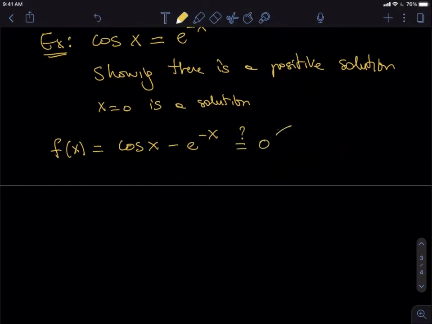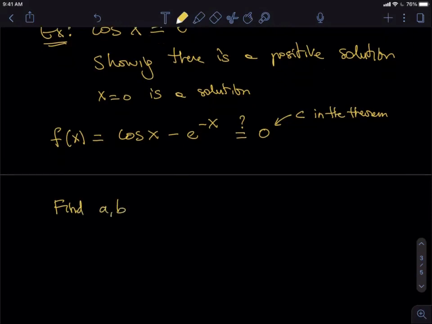Okay, so this is my value c in the theorem. And here the only thing we need to find is AB. Okay, and this is again by trial and error. I leave for you to try.